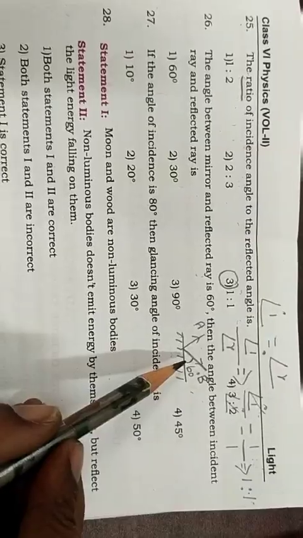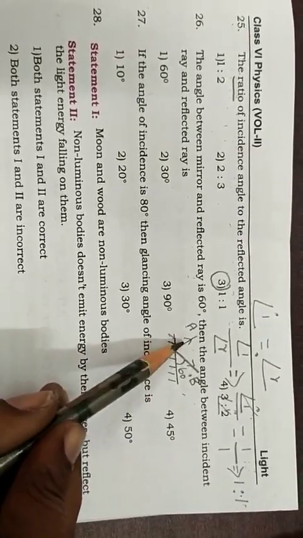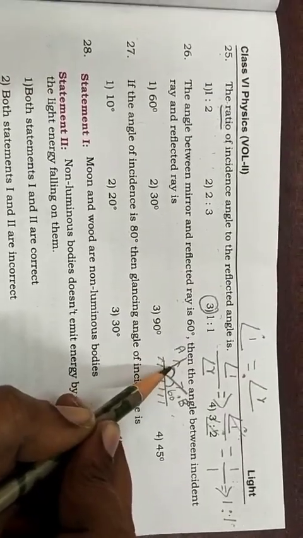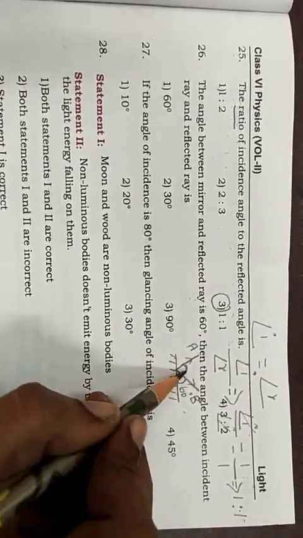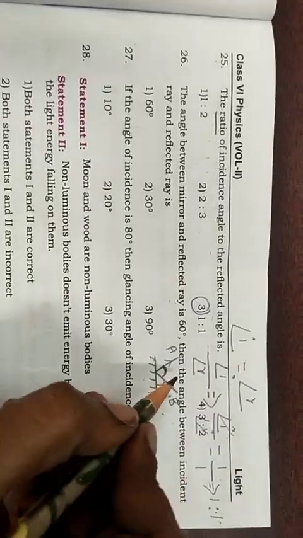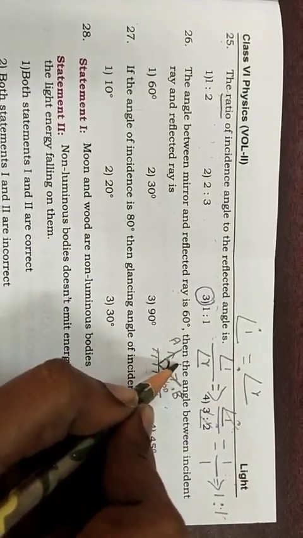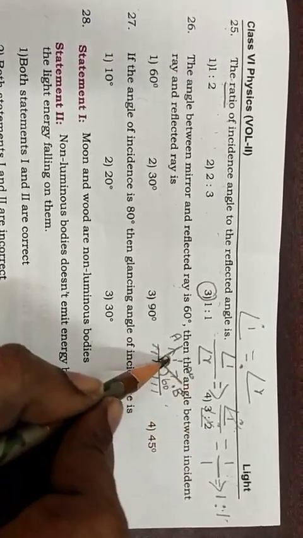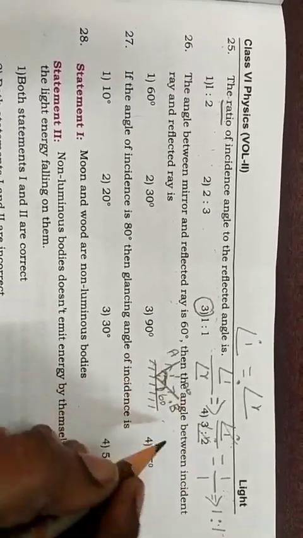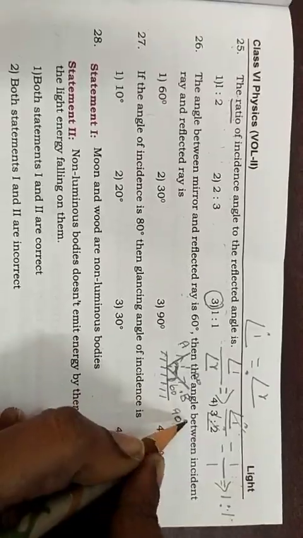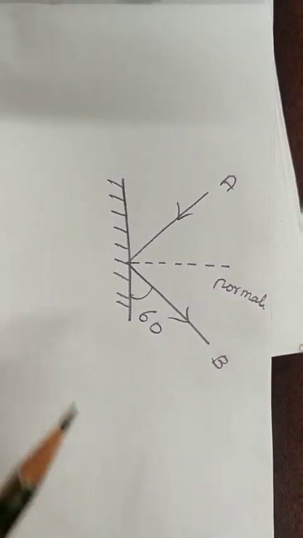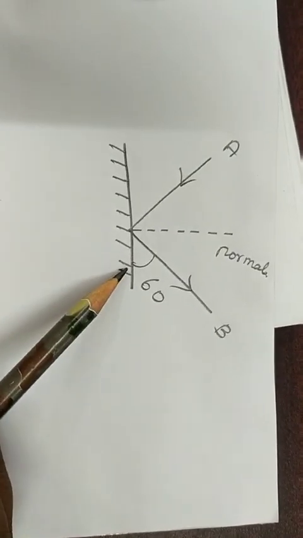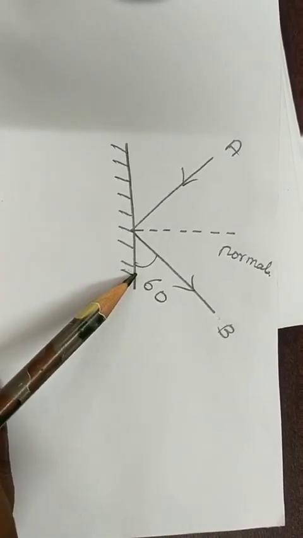Okay. Then the angle between incident ray and reflected ray. So we have to calculate this. How can we calculate? We all know this center line, this is normal, and up to this we have 90 degree. Let me draw this diagram. Here I have drawn the diagram very neatly. So the angle between mirror and the reflected ray is 60 degree.